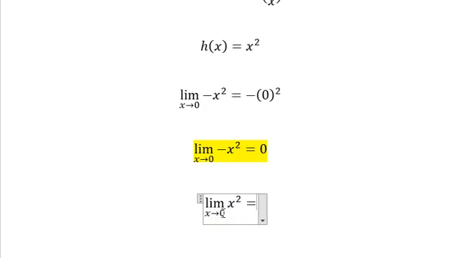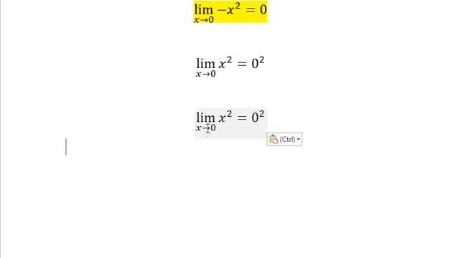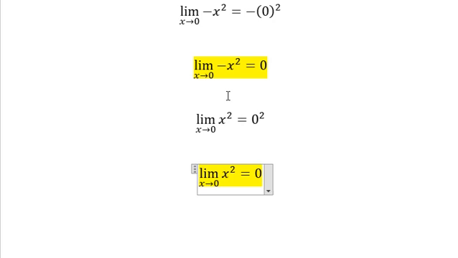This can easily be solved too by substituting x equals 0 for x. So we have 0 squared, which we know is just 0. So now we know that the limit of x squared when x approaches 0 is just 0. This is the other answer that is important for us.